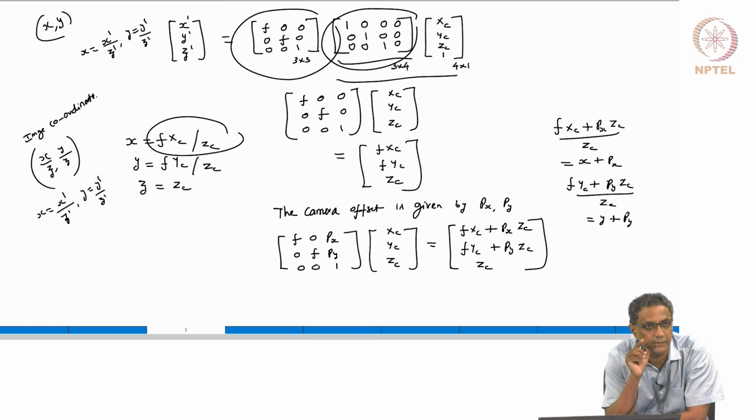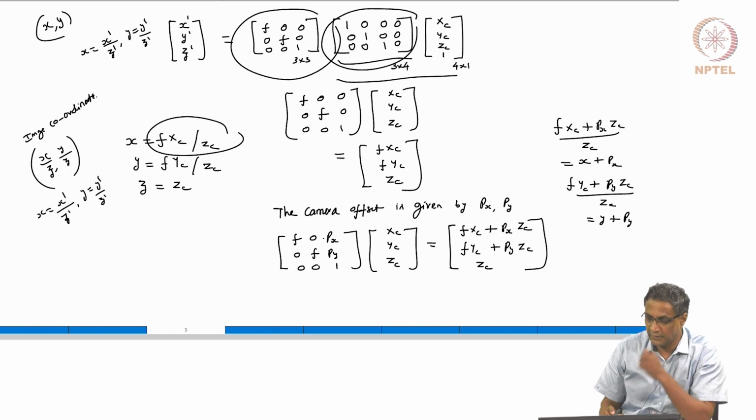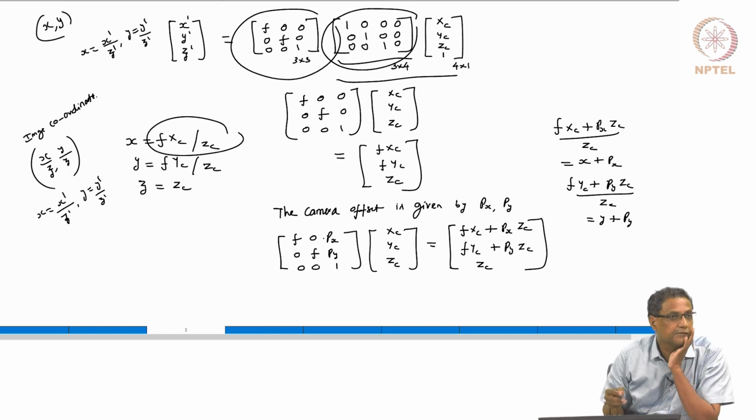So you want to account for that Px and Py, if there is a manufacturing offset. During camera calibration, these are the things that you find out, and these are frozen. For a camera, this is fixed, you don't have to keep changing it. The intrinsics, once and for all, if you calibrate, are fixed.